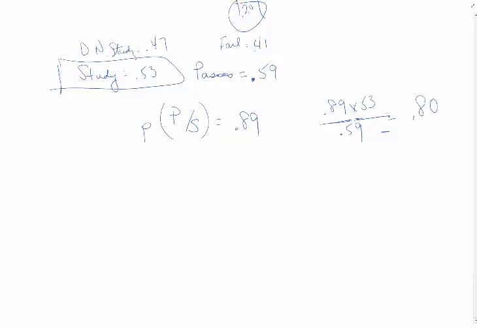So given that they passed the class, what's the probability that they studied for the class? So there you have the 0.80, and that's Bayes' theorem. Okay, so that takes us to question number 31.